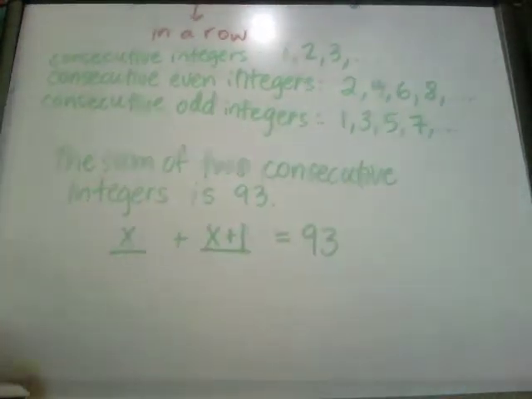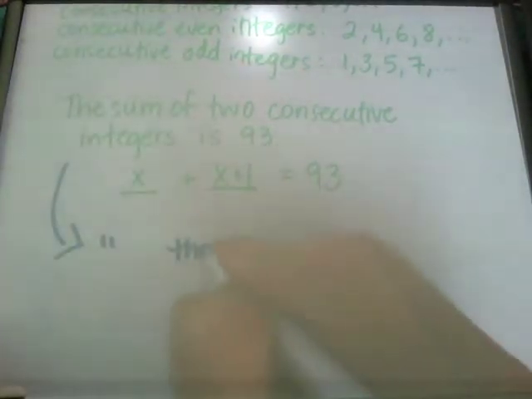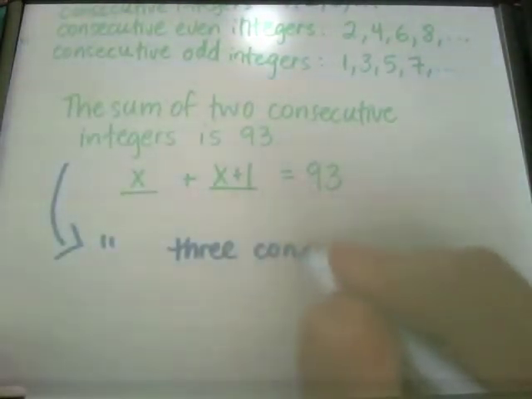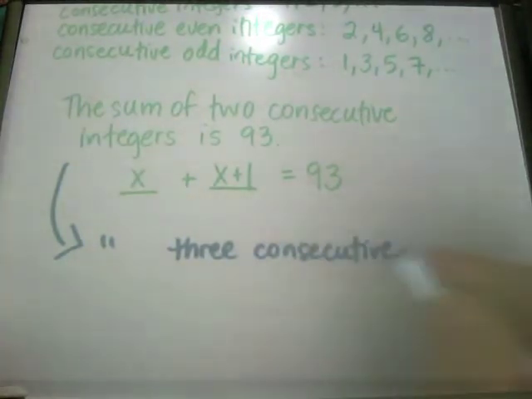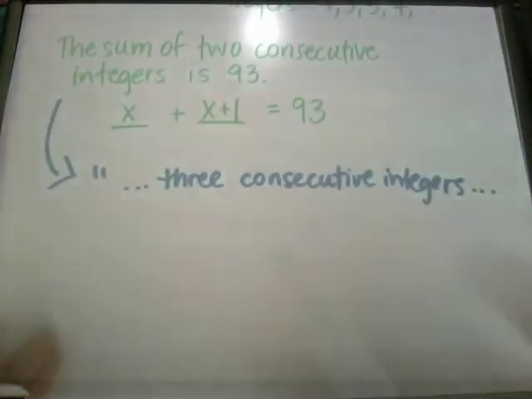Here's your equation. What if it was the same thing, but it's 3 consecutive integers? So let's say the rest of it's the same, but instead of 2, it's 3.